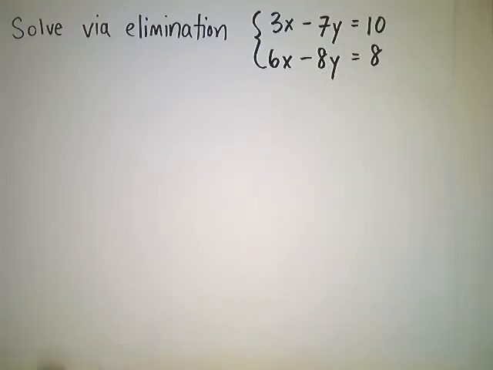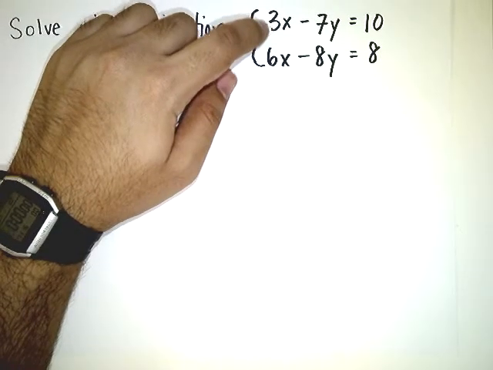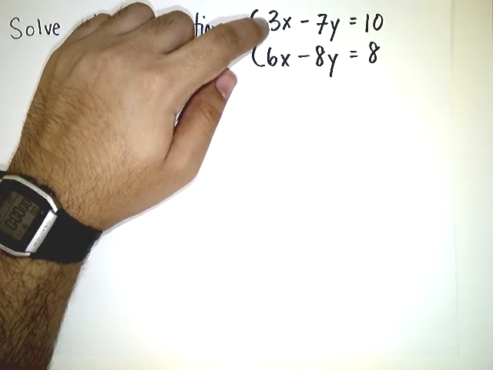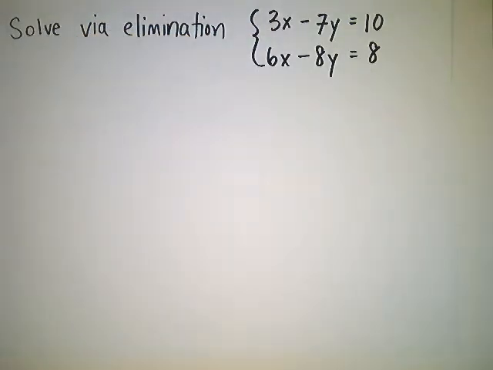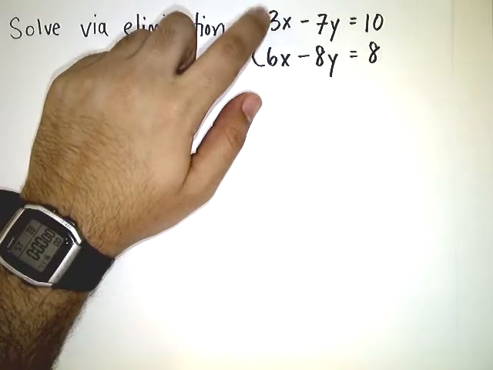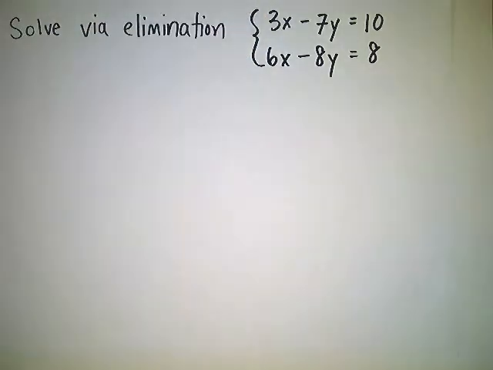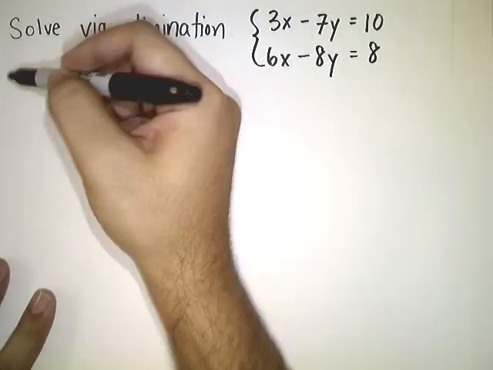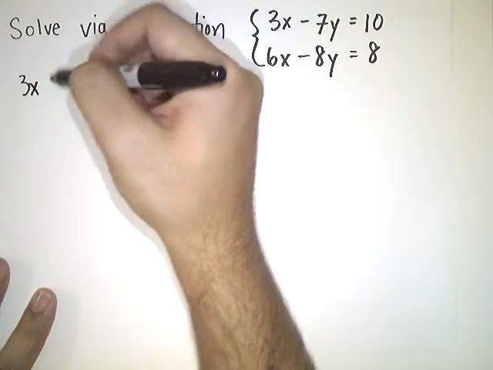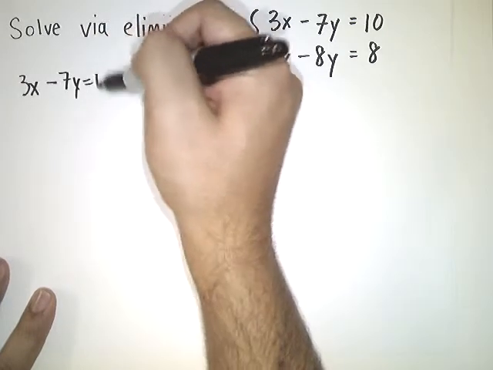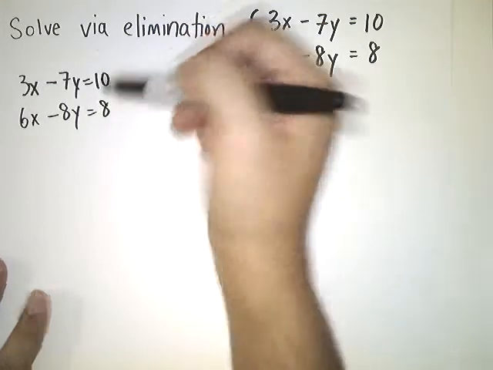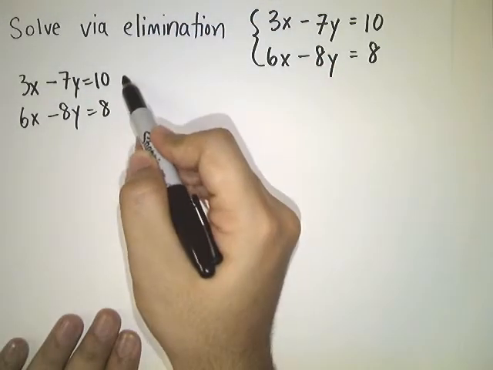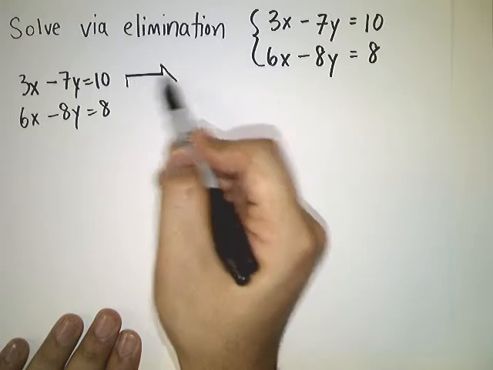Well, if I multiply 3 by 2, I'll get 6. But I actually want them to differ in sign, so what I'm going to choose to do is multiply this equation by negative 2. Let's see how that works. Suppose I started with 3x minus 7y equals 10, and 6x minus 8y equals 8.